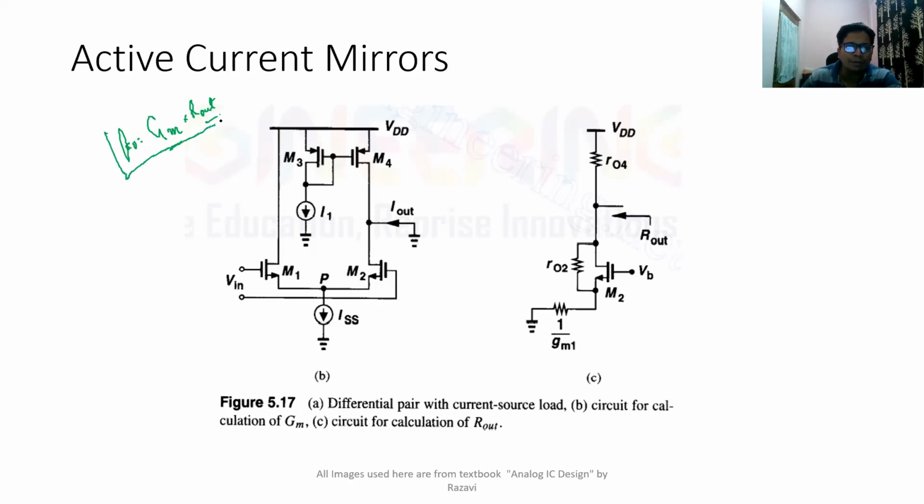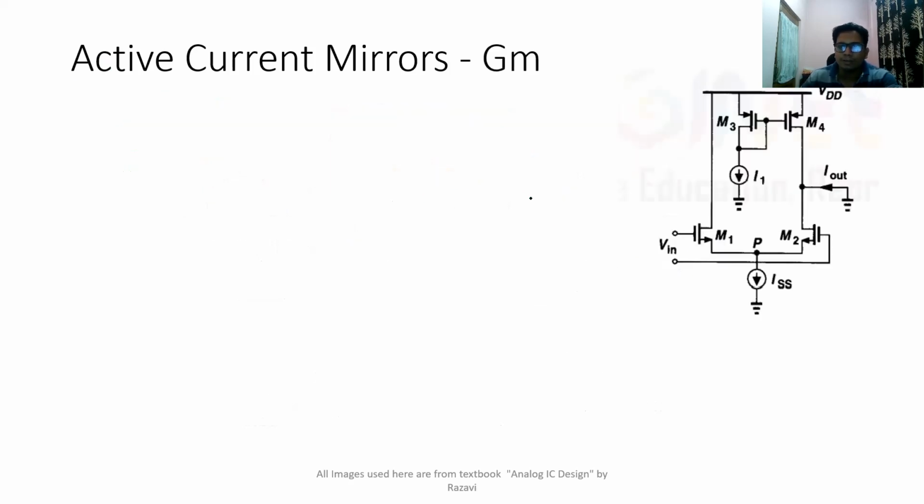We are not going to place any small signal model here. If it were a small signal Gm, I would have written it differently. Gm is the large signal Gm, which means we are not going to replace it with a model directly but will find it analytically. This is the circuit which is used for Gm calculation. In order to calculate Gm, you have to short the output.